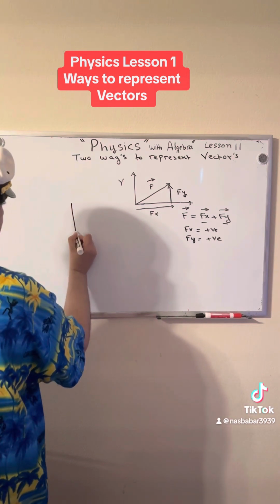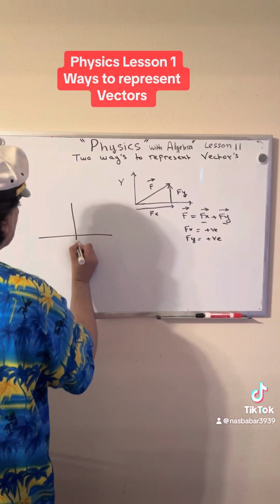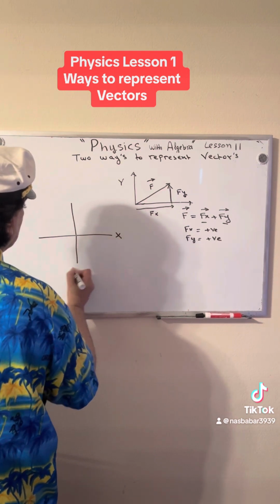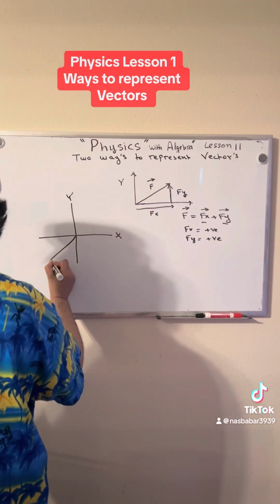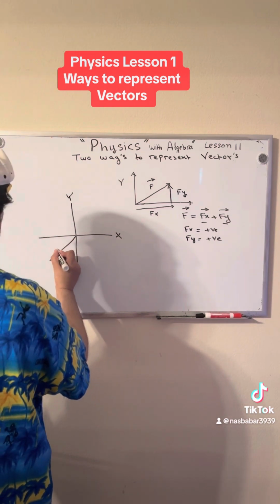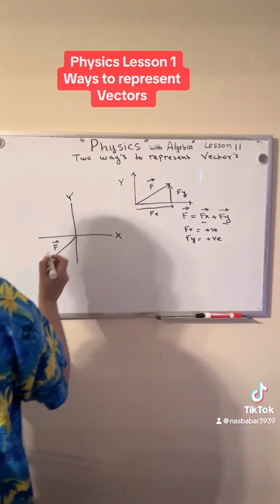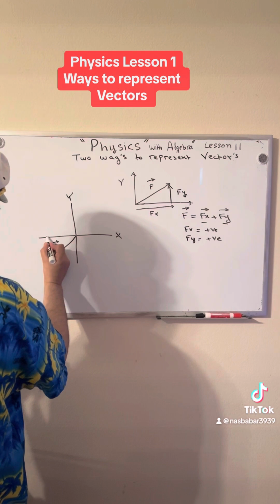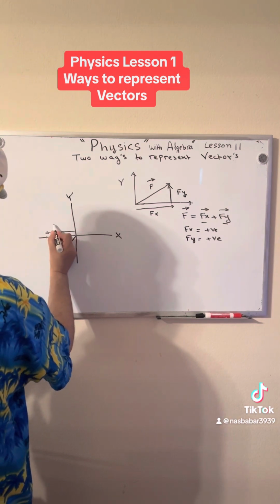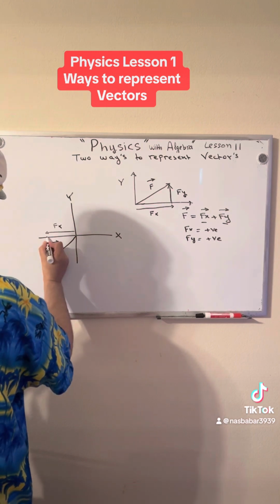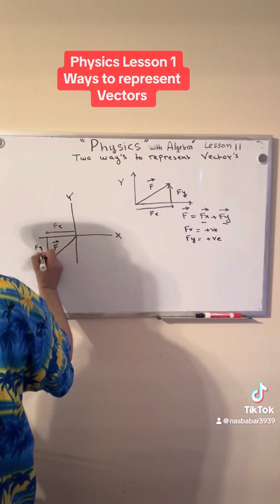Another example: you've got the x-axis, you've got the y-axis, and you have a force which is going this way. All right, it's a vector. So now in this particular case, this right here is going to be my Fx component, and this right here is going to be my Fy component.